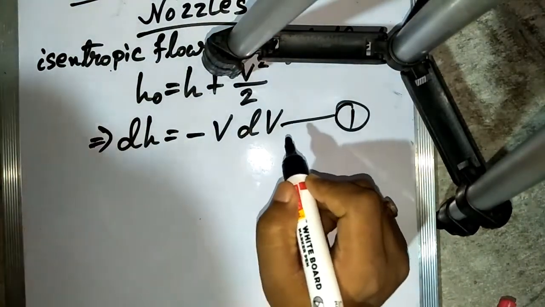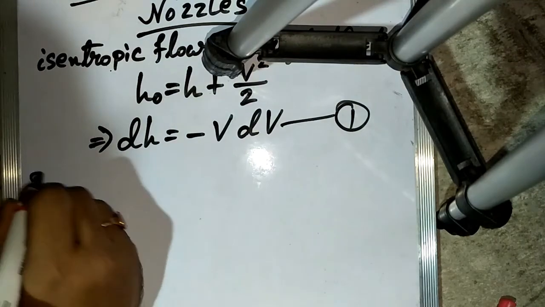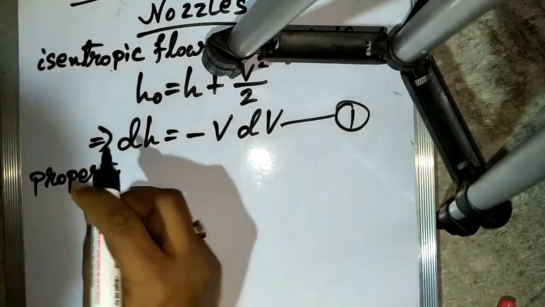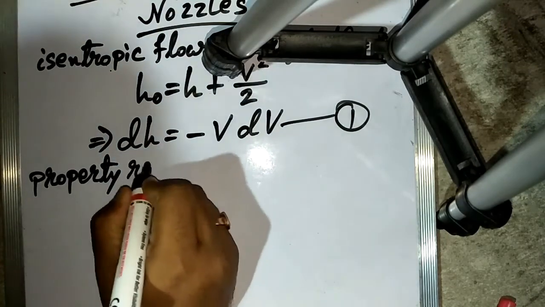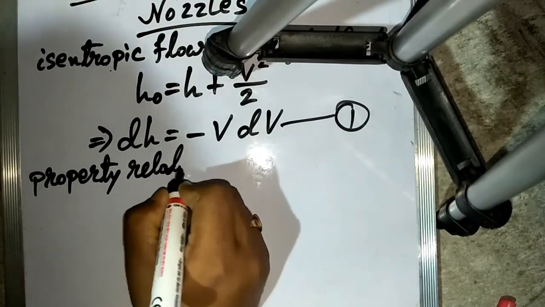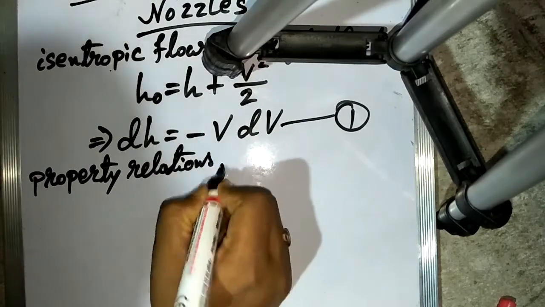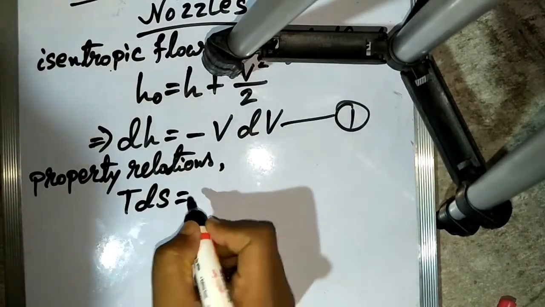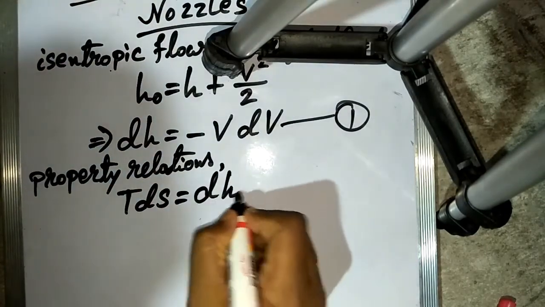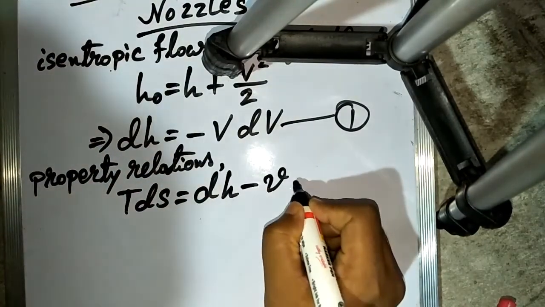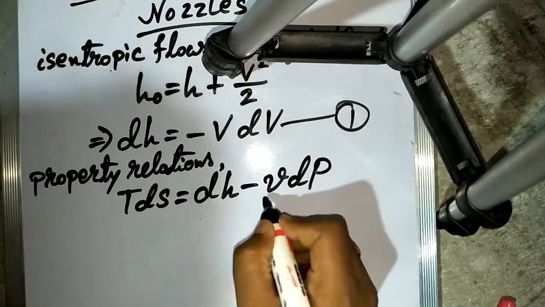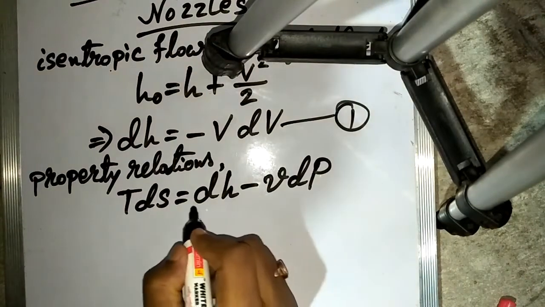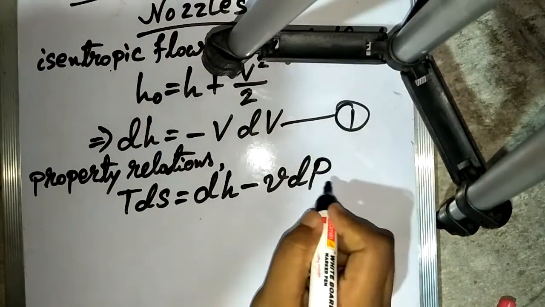And from the property relations, we can write T ds equals dH minus v dP. This v is the specific volume. T ds equals dH minus v dP.